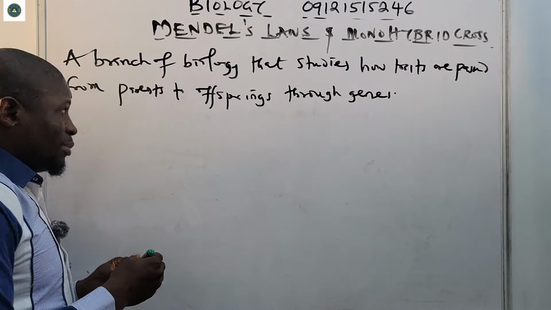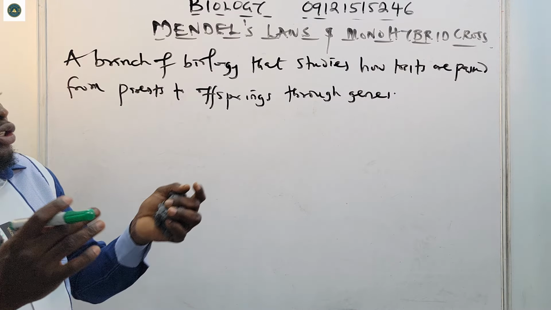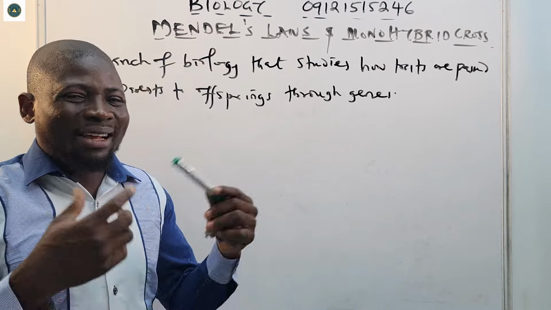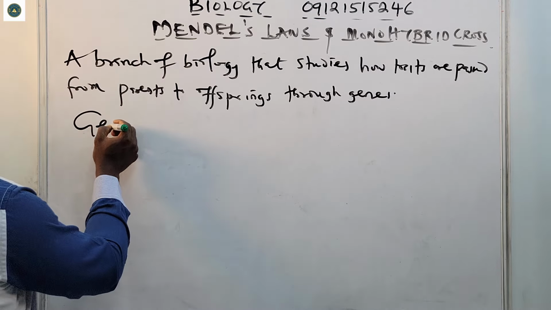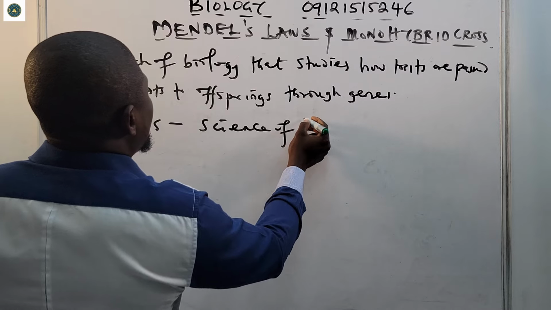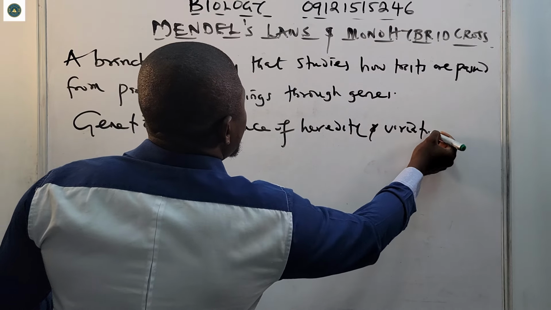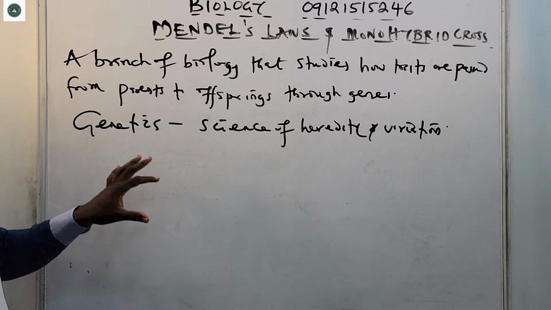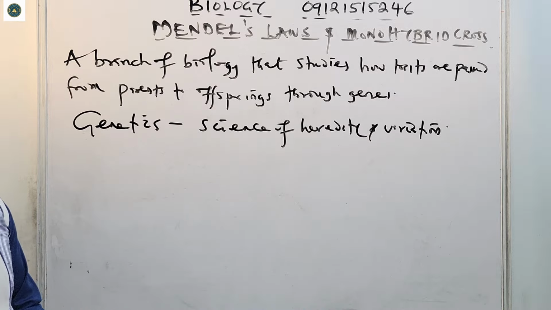It is a branch of biology that studies genes and how they function, and how traits are transferred from parents to the offspring. In fact, we can say genetics is the science of heredity and variation. We also call genetics the science of heredity and variation. And Gregor Mendel is the father of what?